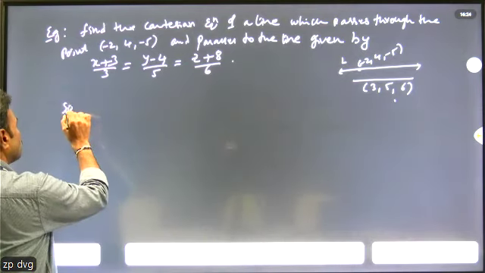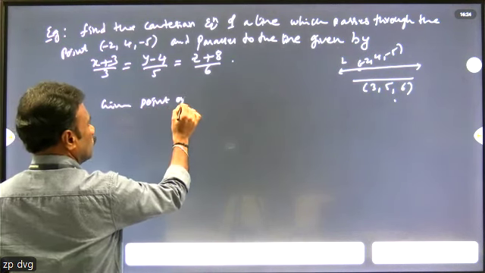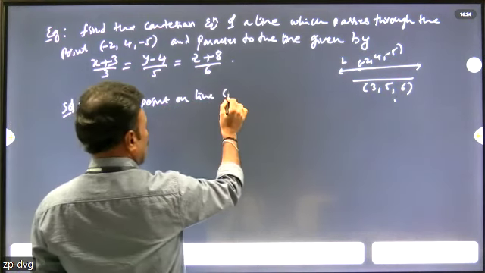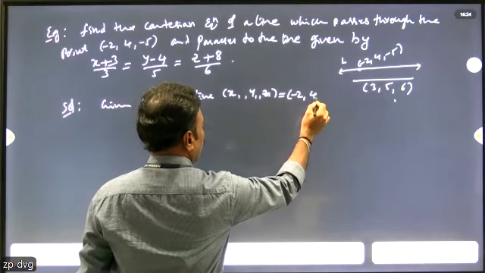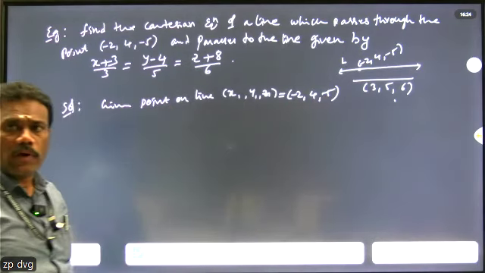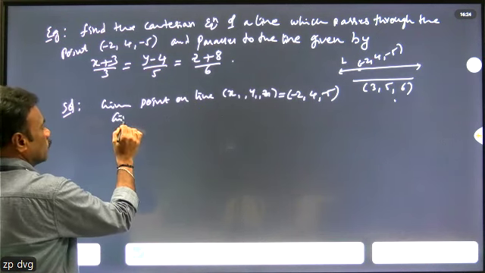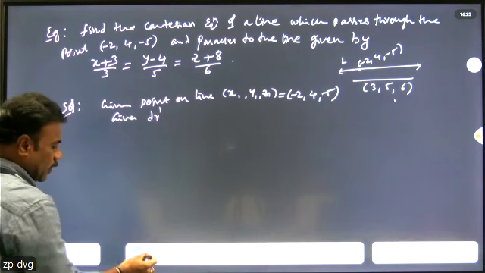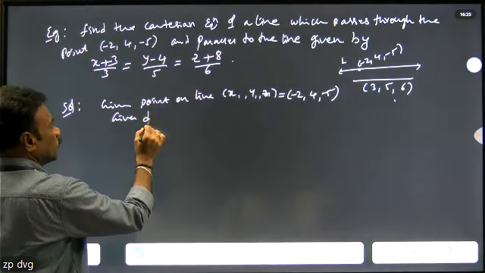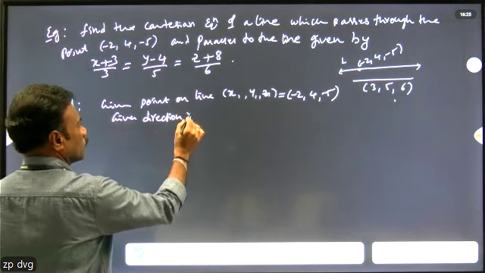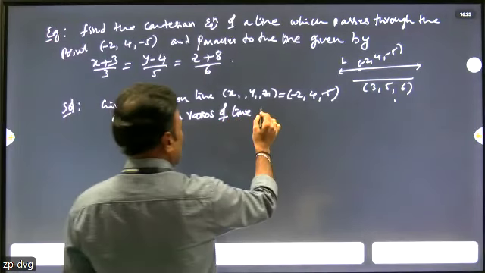So we'll write the solution. The given point on the line is (x1, y1, z1) = (-2, 4, -5), and the direction ratios of the line are a, b, c.